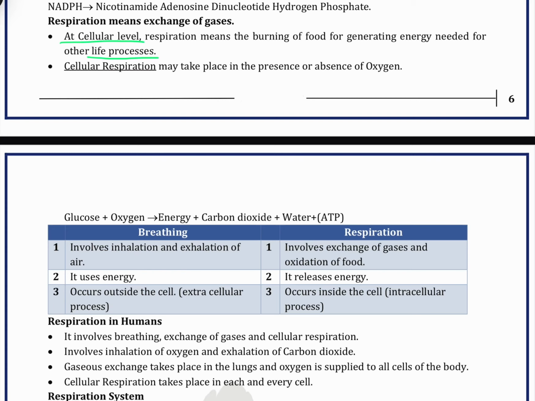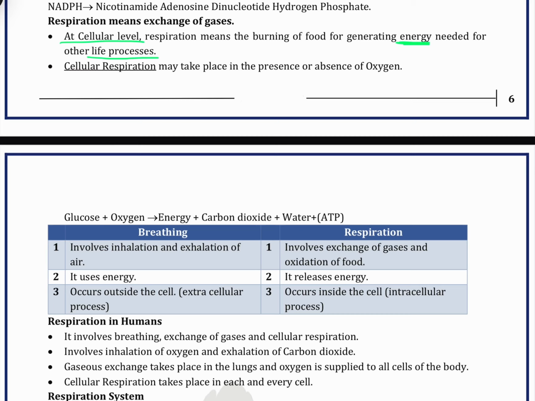Burning of food means digesting. The main purpose is energy, because energy is a very essential component of our life. We need energy for any small purpose also. So the burning of food for generating energy needed for other life processes, this we can term as respiration.